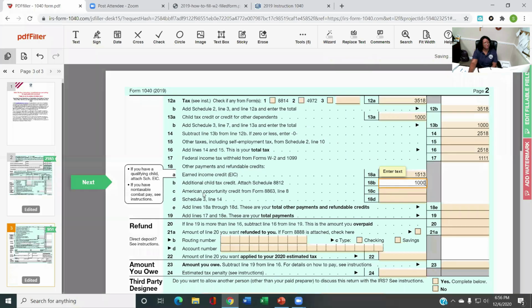And then you have the American Opportunity Credit, which is another way of giving you money towards your refund. Now, the American Opportunity Credit is based off of you attending school. So let's check that one out.